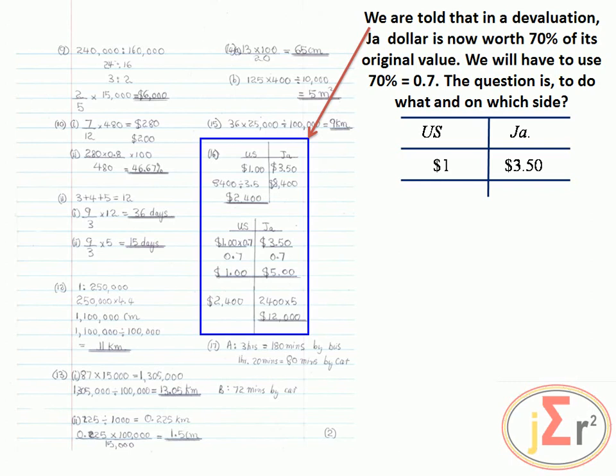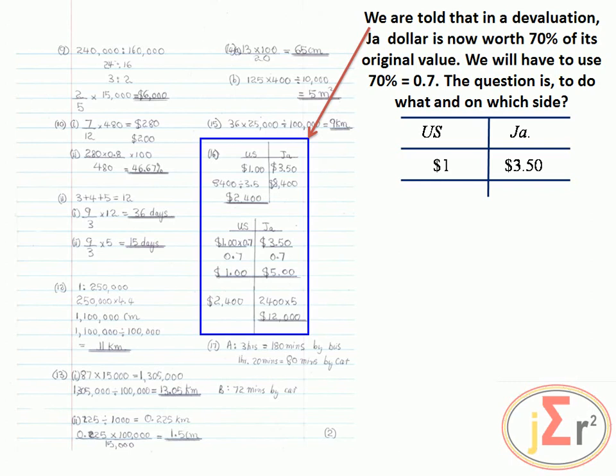And on which side? A devaluation, I realize, is not understood. I should not say that it is not understood, because as far as its practical application is concerned, students have no difficulty with it.